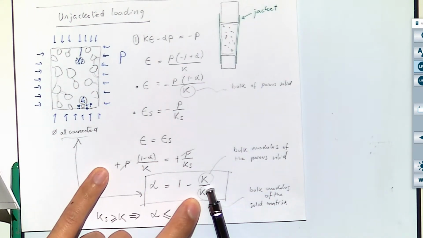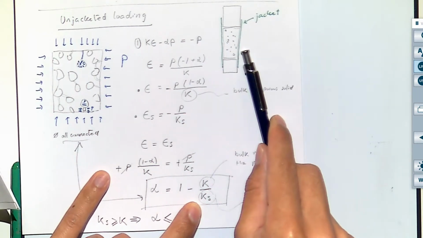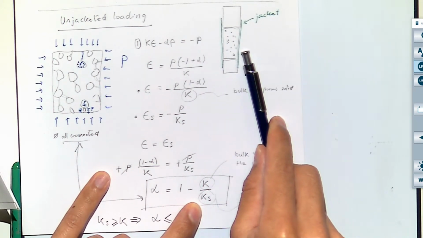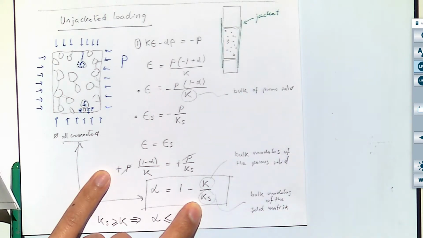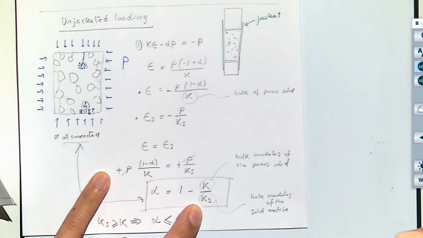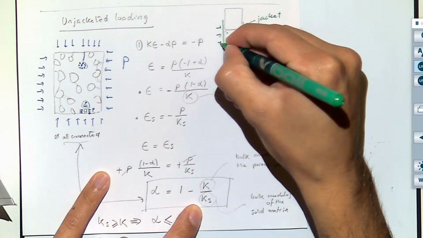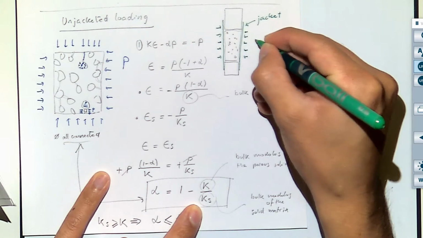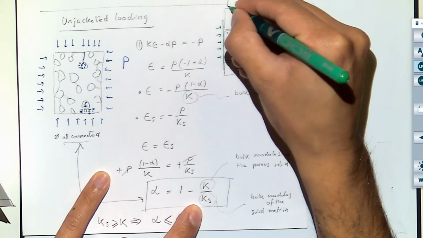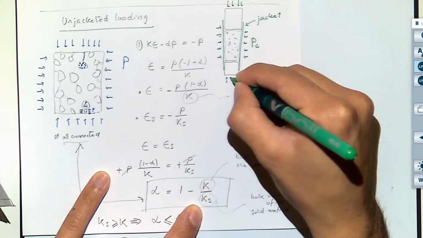How do you measure K? You put a jacket around the rock, and then you apply a pressure around the rock, which is going to be called a confining pressure, which is going to be the same in all directions.